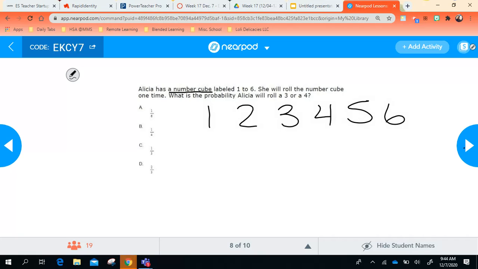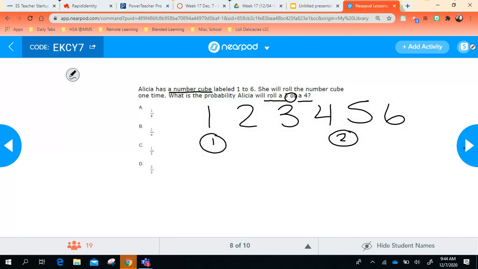What's the probability she'll roll a 3 or a 4? The first way is the same way we've been doing up until now, right?